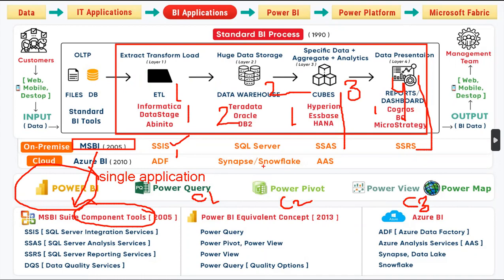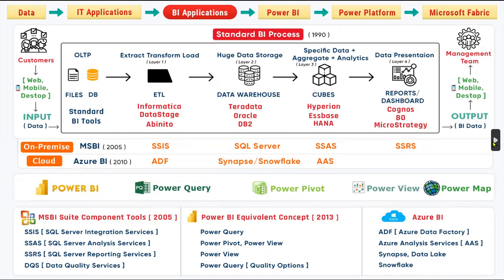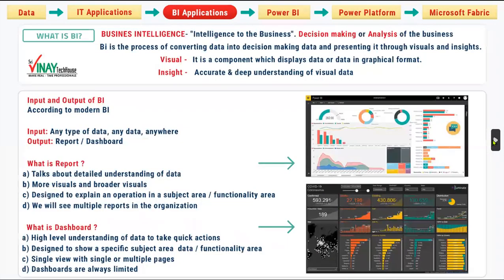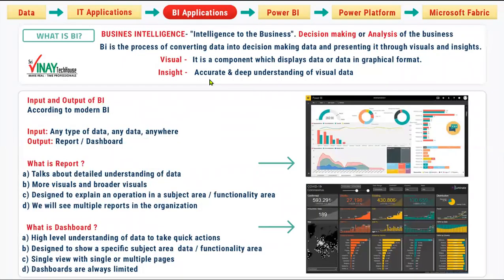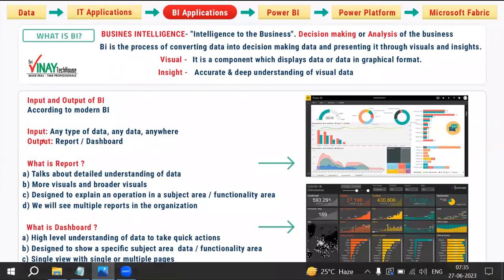Last class, I convinced you by explaining this picture. And I even explained this picture as well. Input to BI: any data, anywhere data. So the business intelligence input is this. And the output from BI: report or dashboard. Then what is BI? Intelligence to the business.